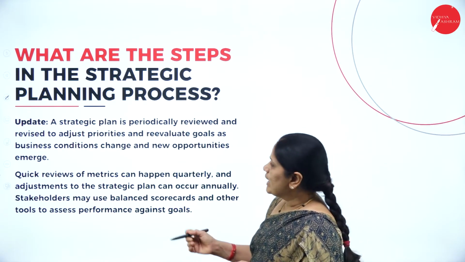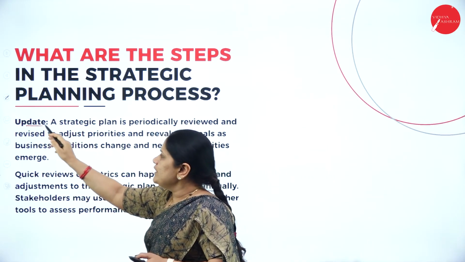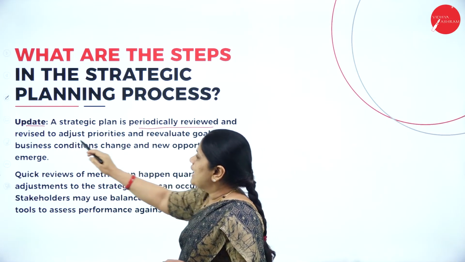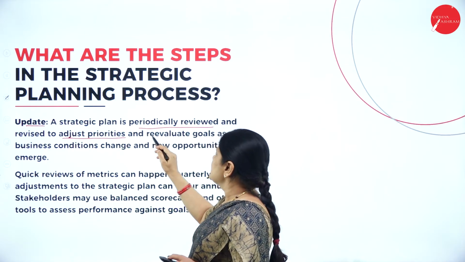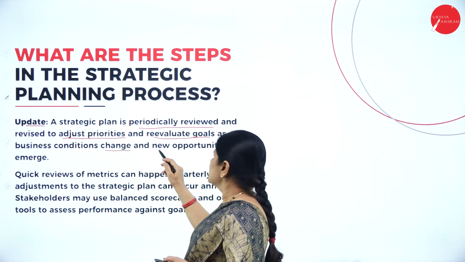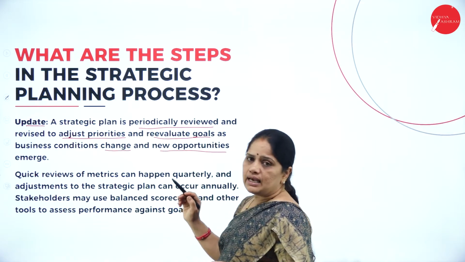Then the next one is update. What do we update here? A strategic plan is periodically reviewed and revised to adjust priorities and re-evaluate goals as business conditions change and new opportunities emerge.